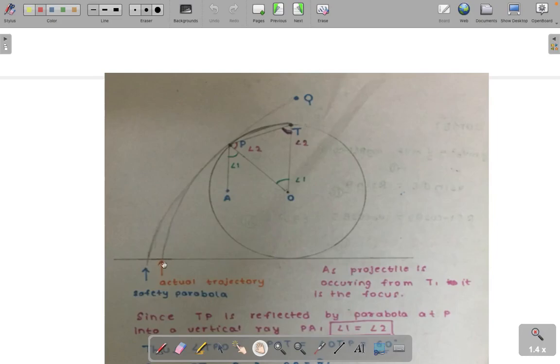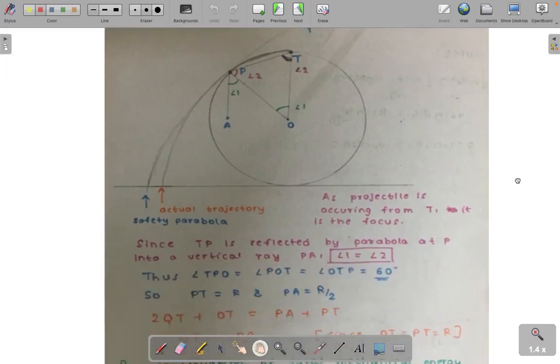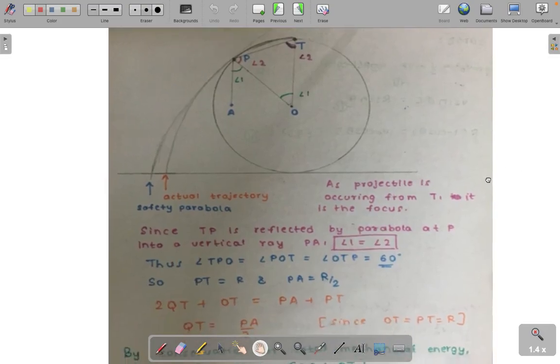Now taking the safety parabola. The safety parabola would too graze point P and reach some point Q, which would be the terminal ending of the safety parabola. So moving further, as the projectile is occurring from T, since we are using the reversible process method, it should be the focus of this safety parabola.